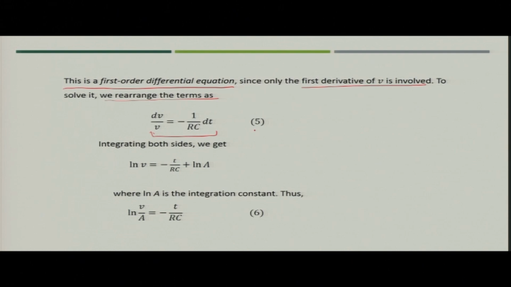Now, the next task is to integrate on both sides. When we integrate with respect to t on this side and with respect to V on this side, what will we get? The integration of this would be ln V. Minus 1 by RC is anyway the constant component, so it will become minus t by RC after integration, plus some constant term.